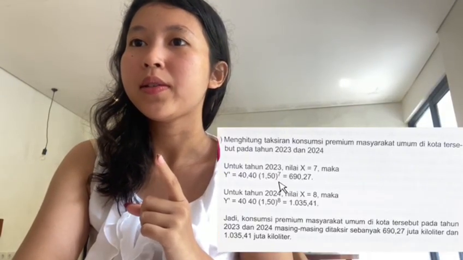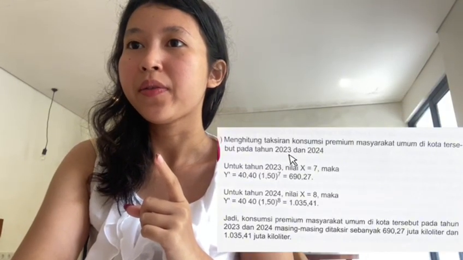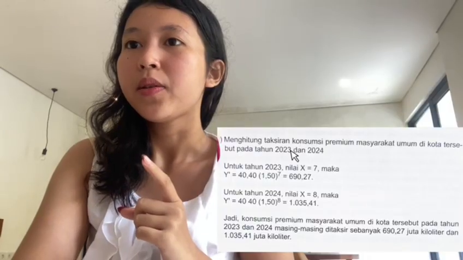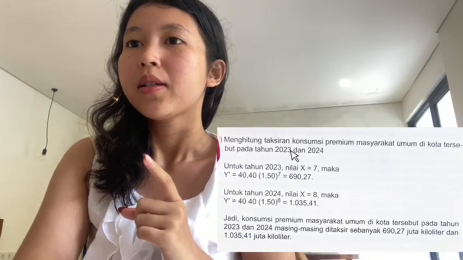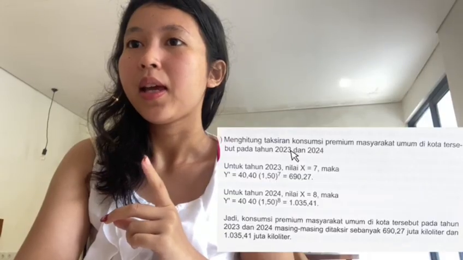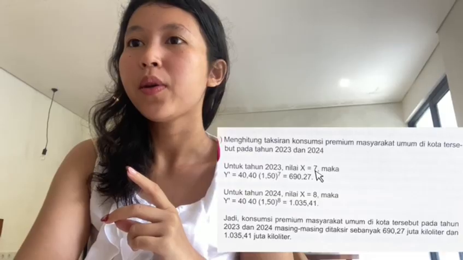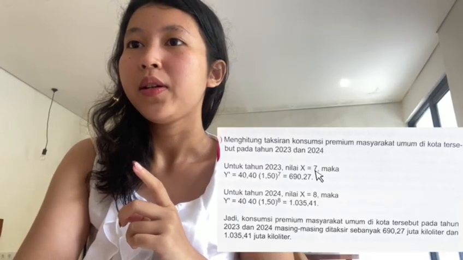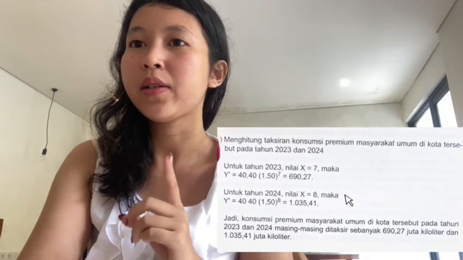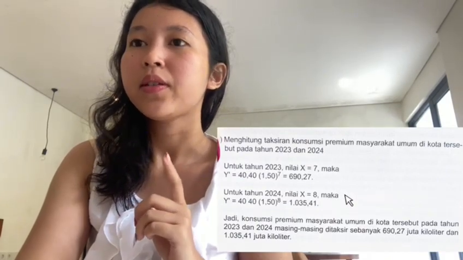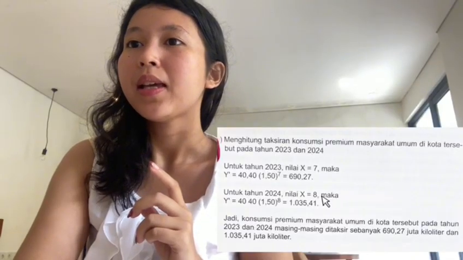The question wants us to predict the year 2023, so we subtract 2016, and we got x is 7. And for the year 2024, we subtract the middle year, or base year, 2016, and we got x is 8.